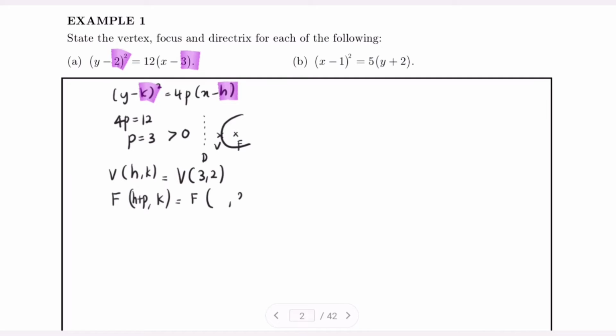Write down the k first. So V is 3, 2, the h is 3 plus 3 is 6. So our focus is 6, 2. And for the directrix, the formula will be x equals to h minus p. So 3 minus 3 equals to 0.